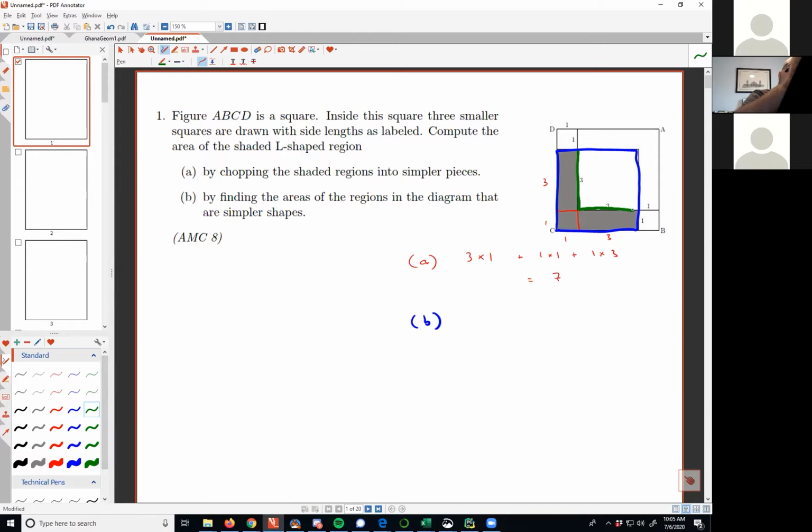So if we know the total, then we can subtract. We can start with the big blue square, and then we can subtract out a square that we cut out of it.